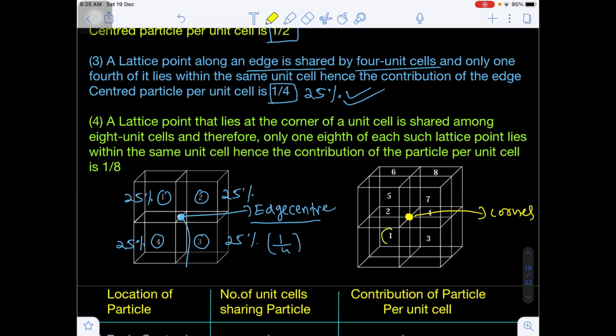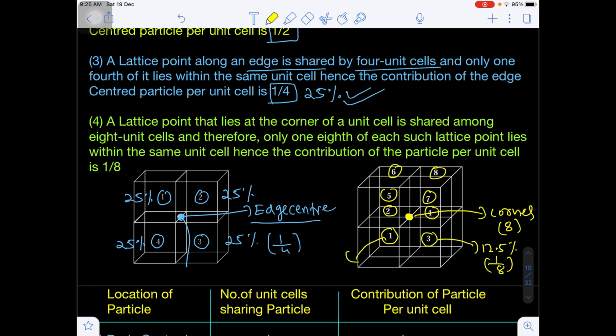This is the first unit cell, this will be the second unit cell, third and fourth unit cells. So there are 4 unit cells in the same plane and 4 unit cells above the plane, 5, 6, 7, 8. So this ion is shared by how many unit cells? 8 unit cells. For each unit cell you will have 12.5%, that means 1/8.